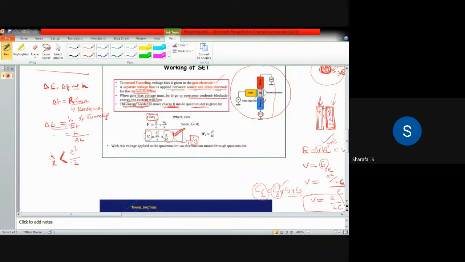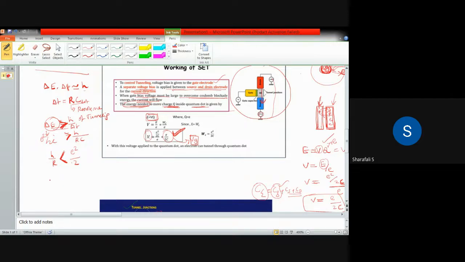Delta E will be equal to h by delta T, or you can directly take this as greater than or equal to. If you take that condition, this will become greater. So h by R should be less than e square by C. E square by 2C is the energy difference, so that will give you e square by 2.